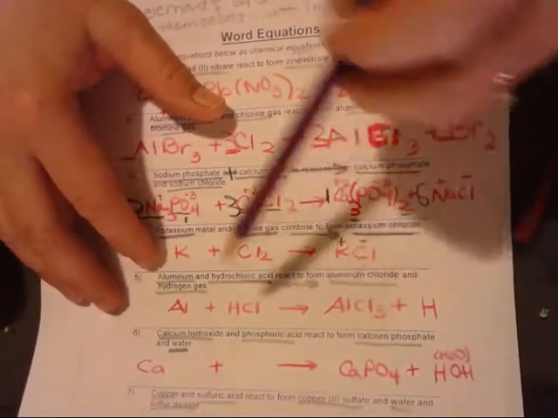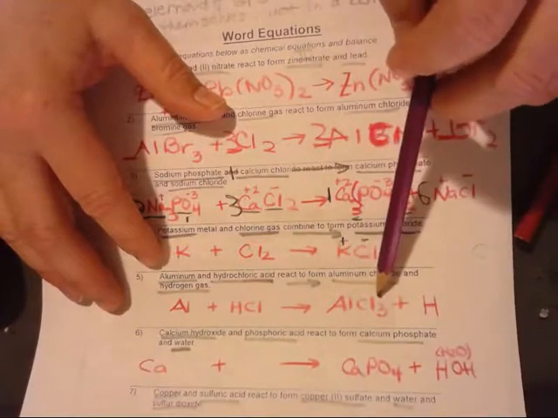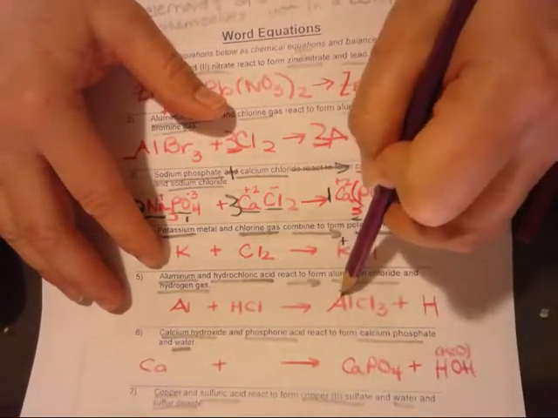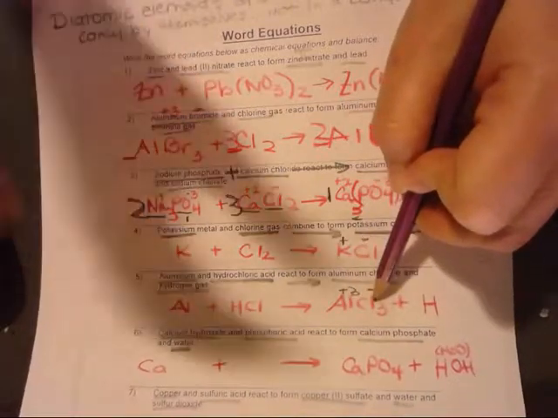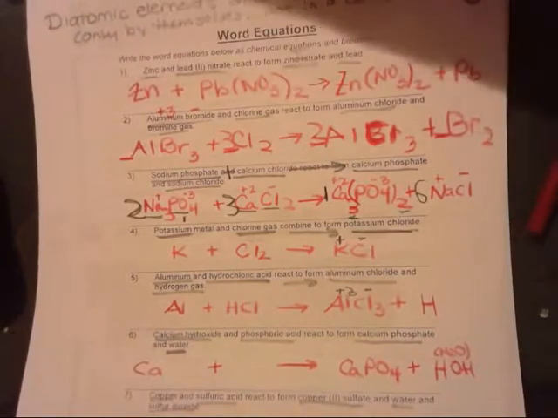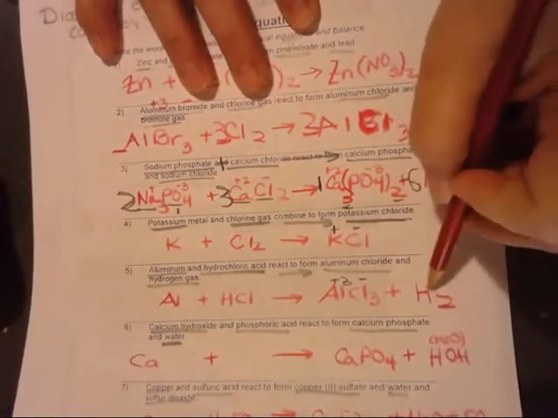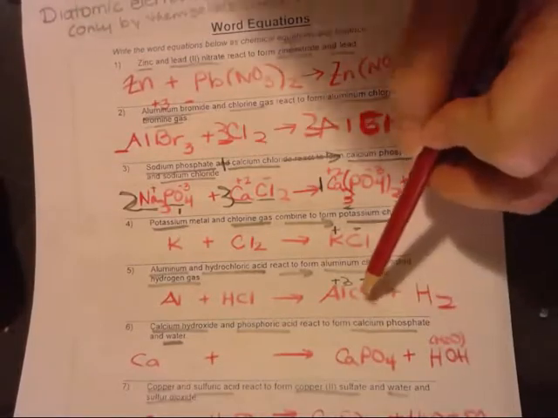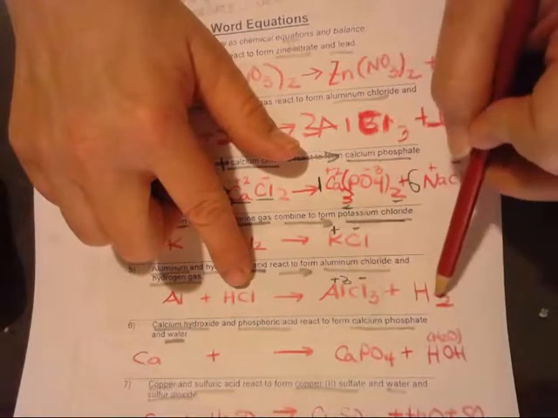The next one is aluminum and hydrochloric acid, making aluminum chloride. Notice that it's +3 and a minus, so I have 1 to 3 of them. And then hydrogen, don't forget, hydrogen is diatomic, so you're going to have a little 2 here. So you have to equal out the 3 chlorines and the 2 hydrogens.